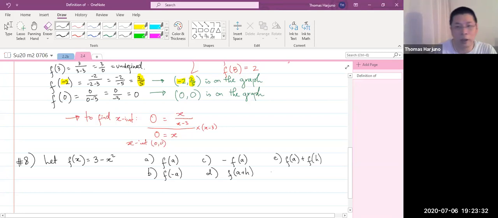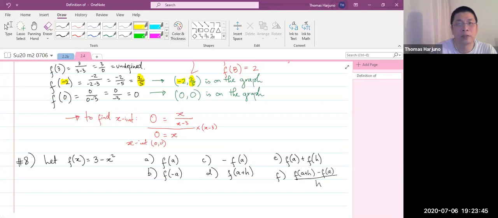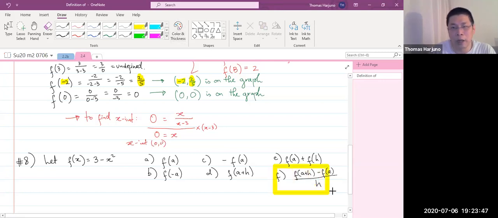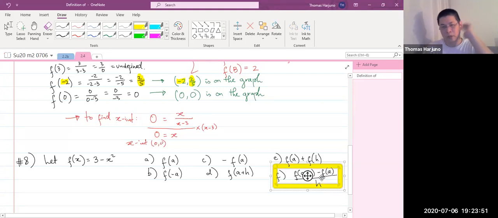And part F, this is an important one, f of a plus h minus f of a, over h. This is very important, especially at the beginning of your calculus later on. This expression is very, very important. Okay, but for now, let's review the notation.